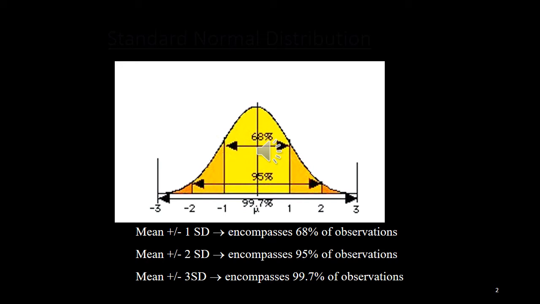So 95% of the observations means the level of confidence is 95% and your level of significance is 5%, and mean plus minus 3 standard deviations encompasses 99.7% of observations. So your level of confidence over here is 99% and level of significance is 1%. So this idea is used behind our level of confidence and level of significance.